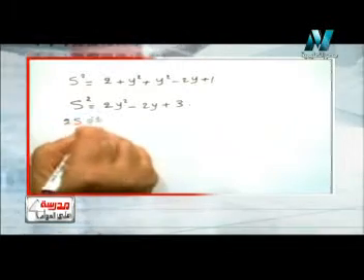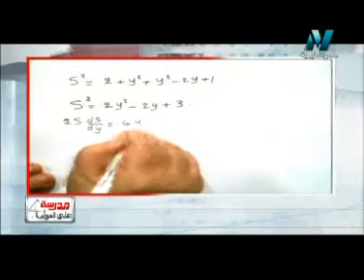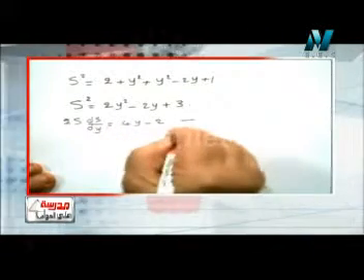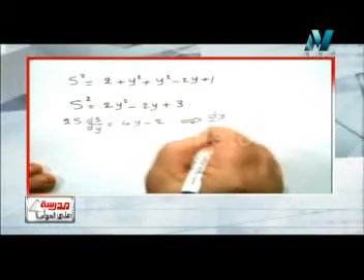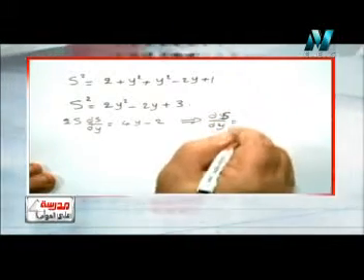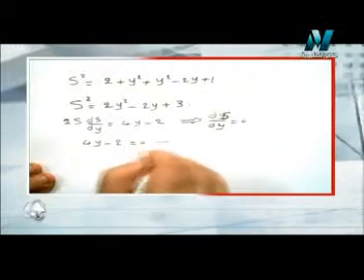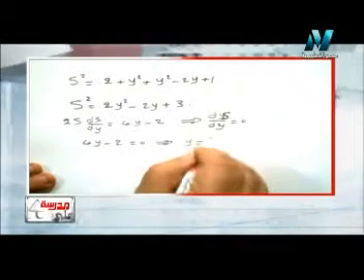Okay? Then 2s ds by dy equals 4y minus 2. Put ds by dy equal 0. Then 4y minus 2 equals 0. Therefore, y equals half.